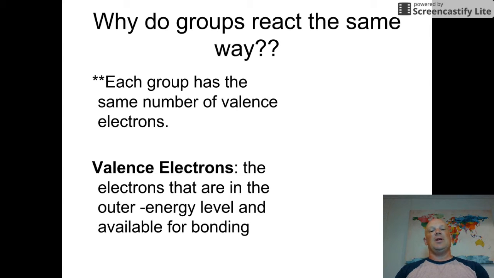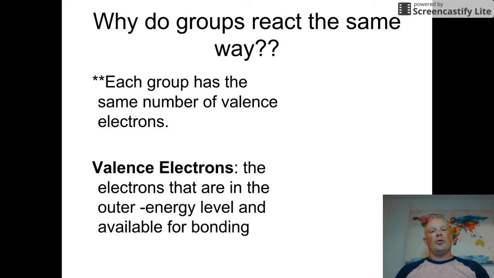So they have the same number of valence electrons. When you look at group 18, all but helium have 8 on their outer energy level. So, the same number of valence electrons. Helium's there as well. It only has 2, but on the first ring, 2 fills it all the way up. So it fits the characteristics of those noble gases.